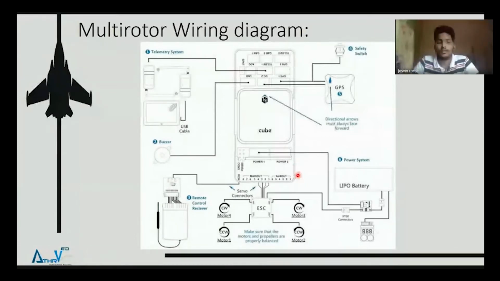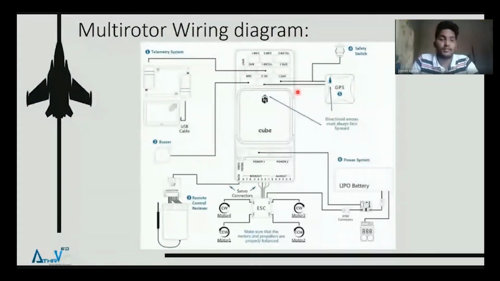Soft mounted in the sense you will have rubber grommets or dampers that remove the vibration from all the aircraft components, because motors while rotating might cause unintended vibrations, and if these vibrations pass into the flight controller, they will disrupt the gyroscope and accelerometer and give wrong readings. So usually all flight controllers are soft mounted. You can also use double-sided tape, which also acts as a damper. But some high-end flight controllers have an inbuilt damping system.